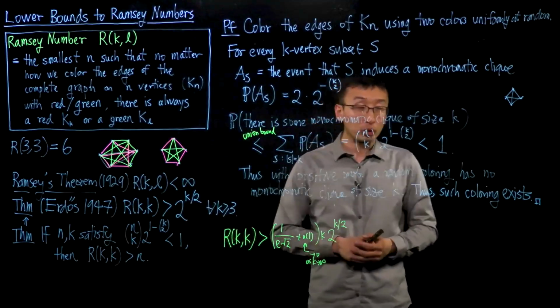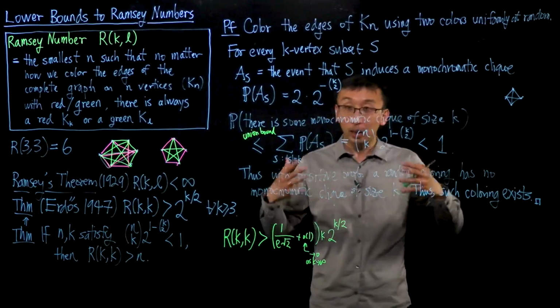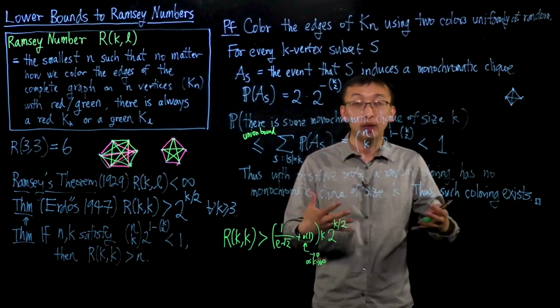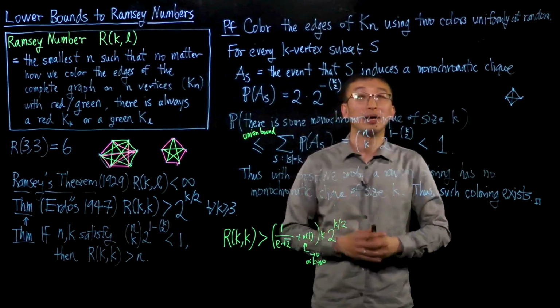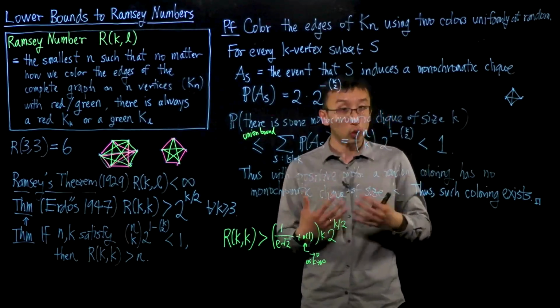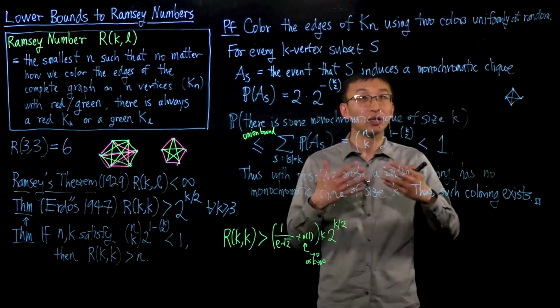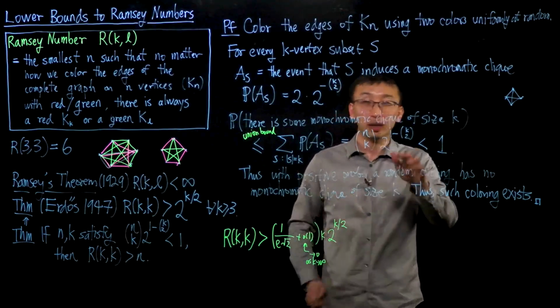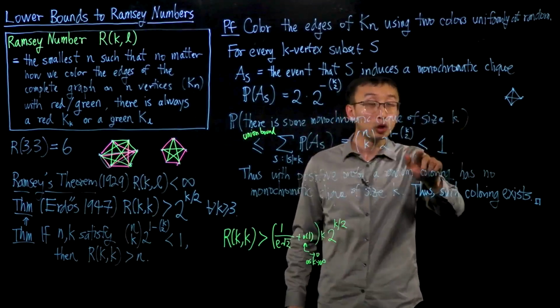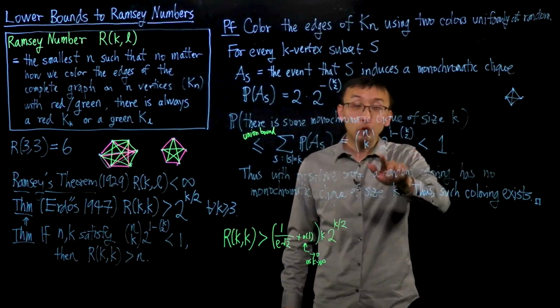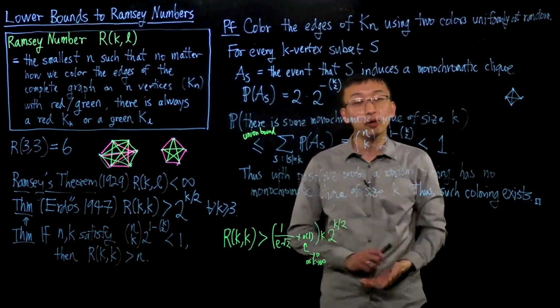What this theorem shows is that by doing a random coloring, there is a positive probability that this coloring gets us what we want. And in fact, the probability that this coloring doesn't get us what we want is this quantity here, which is not only less than 1, but it is actually quite small. It is very, very small.